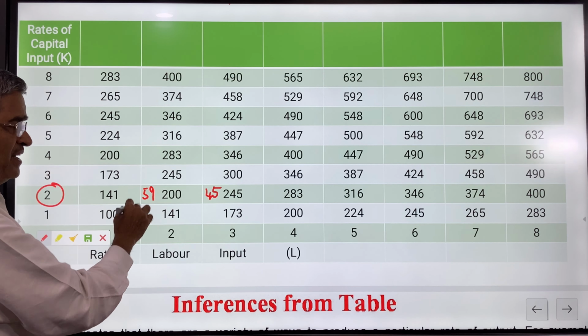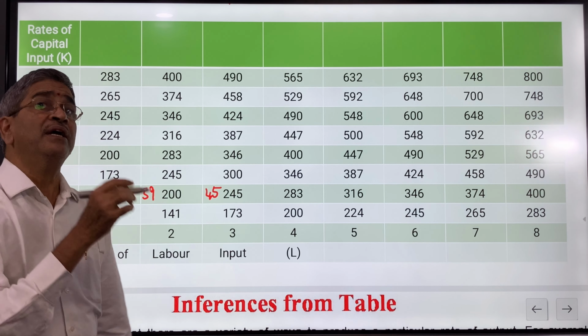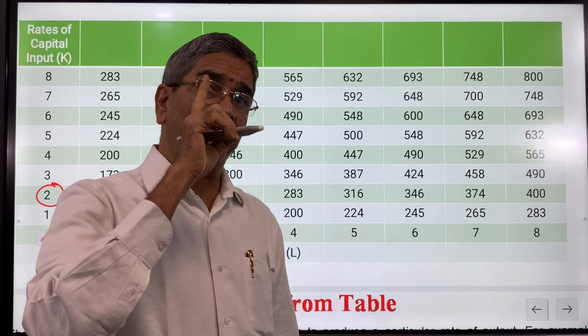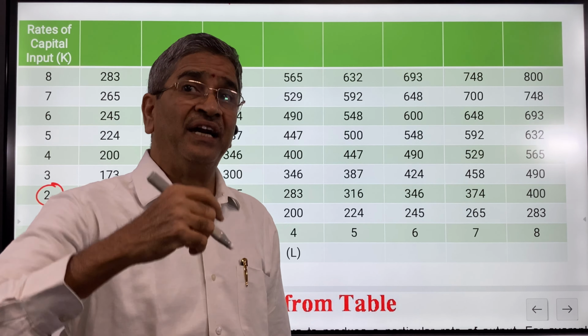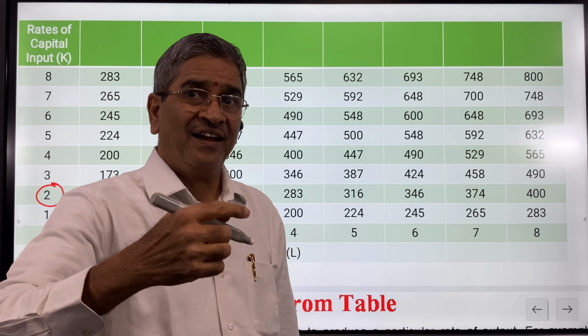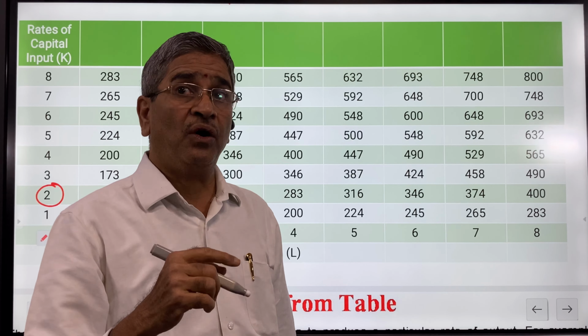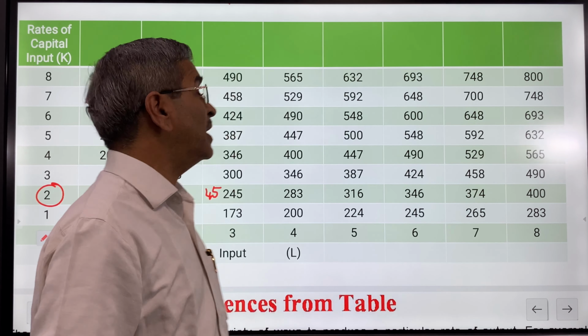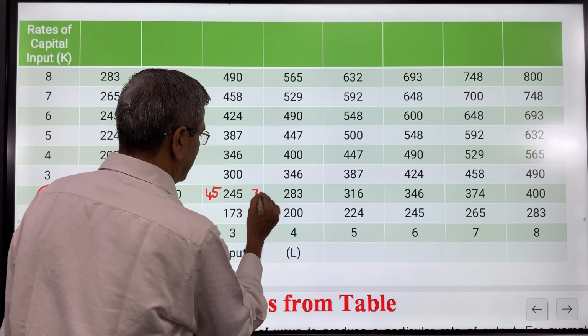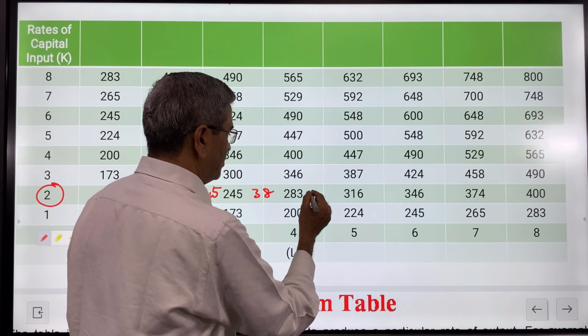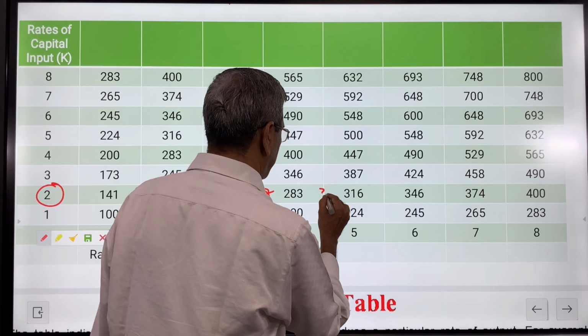So from 59 it has fallen to 45. That means even though the total product increased, the additional increase will fall. That is called marginal. So the marginal increase from 83 to 45 is 38. From 16 to this one is 17 plus 16, 33.